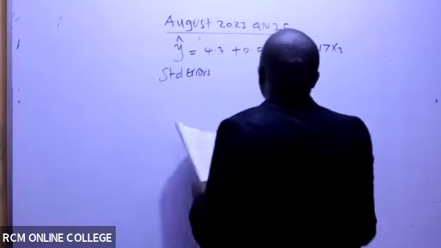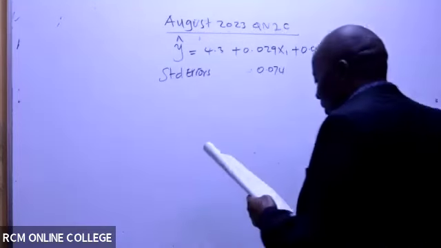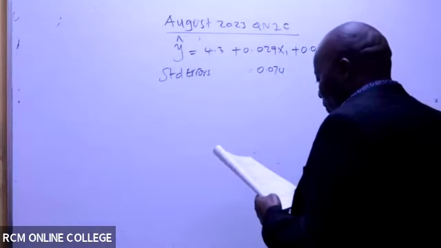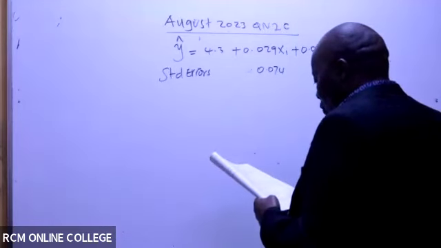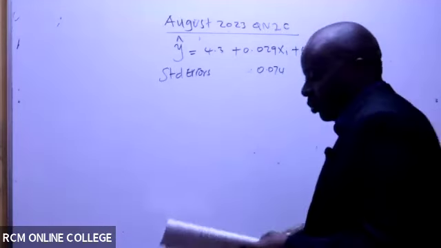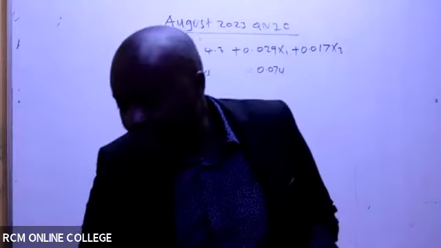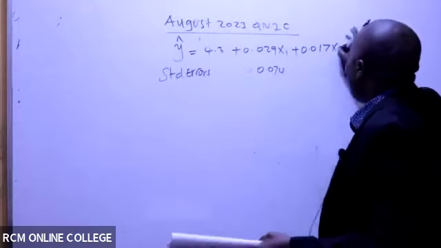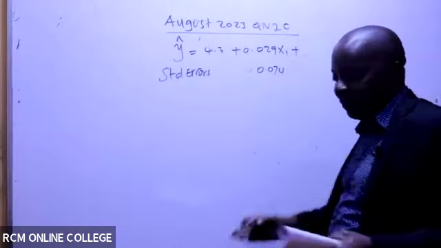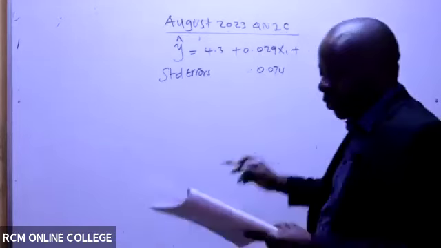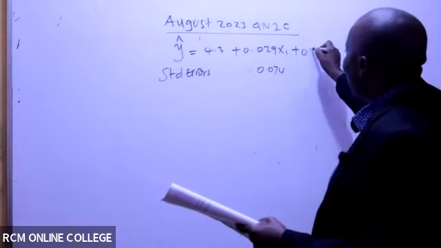Have I written all of them? No. It's supposed to be 0.029 x1 plus 0.029 x2 plus 0.0173 x3. Now, can you kindly read for me what you have on the papers there? Because I can see there's a repetition here, and I doubt whether it is true.